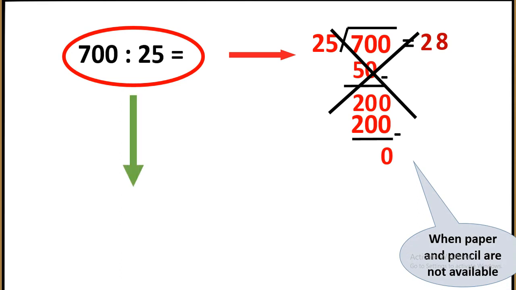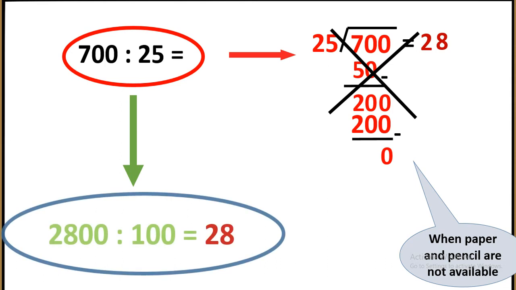We can do it by translating it into a simple expression, an easy-looking expression. From 700 divided by 25 into 2800 divided by 100.